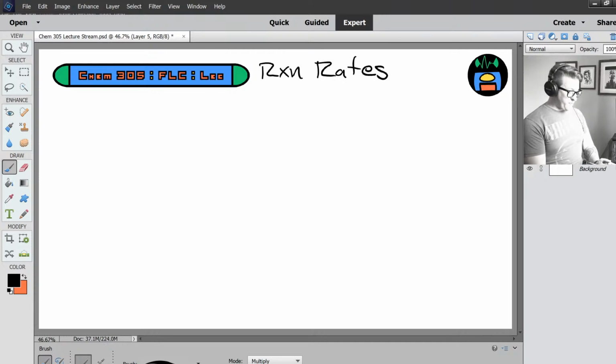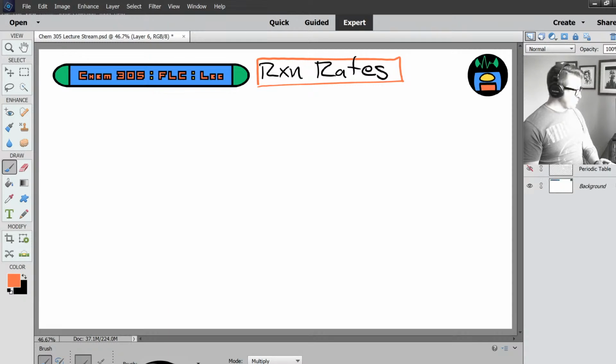And there are several factors that influence the reaction rate, how fast a reaction will take place. And the first factor that I want to focus on is energy of activation.